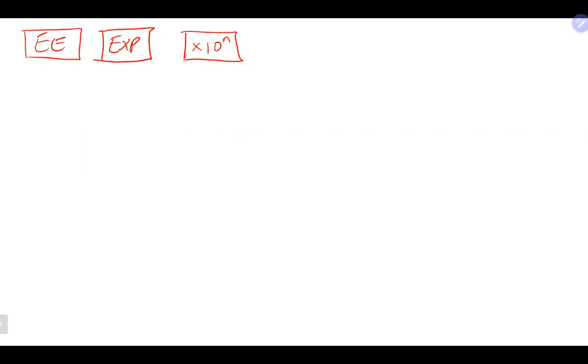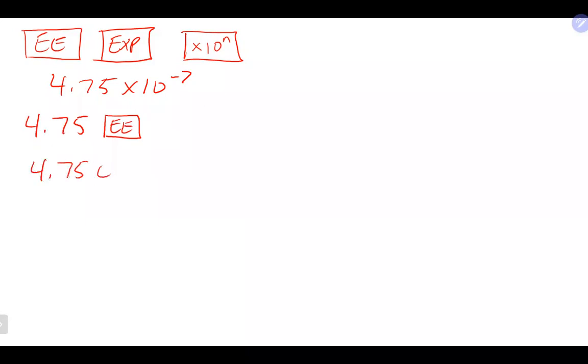So for example, if I wanted to put into my calculator 4.75 times 10 to the minus 7, the way I would put that in is as follows. 4.75, then I hit my exponent button. I'm not going to hit the multiplication button, not going to hit anything else, just my exponent button. Usually your calculator would display 4.75 and an E, or 4.75 and maybe a couple of zeros.